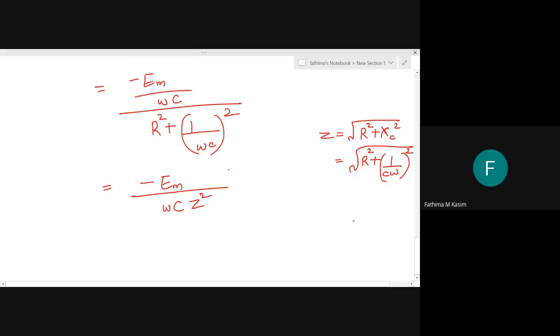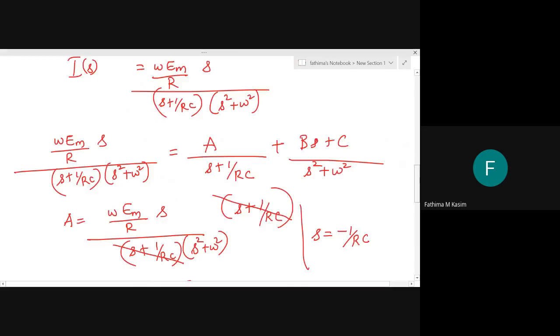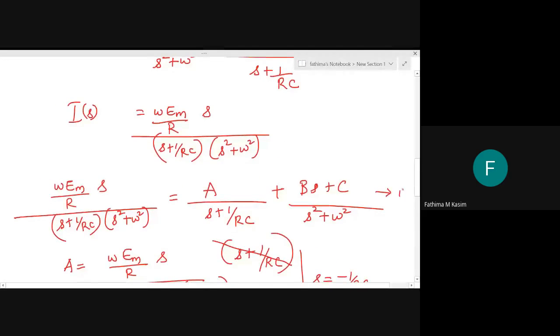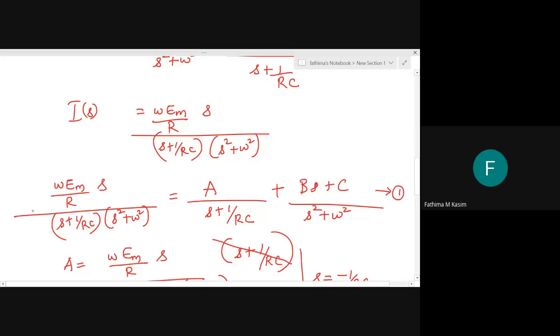And what we are going to do next is, this is our expression 1. I am going to multiply both the left hand side and the right hand side by this denominator S plus 1 by RC into S square plus omega square. So I will get it as omega Em by R into S is equal to A into S square plus omega square plus Bs plus C into S plus 1 by RC.